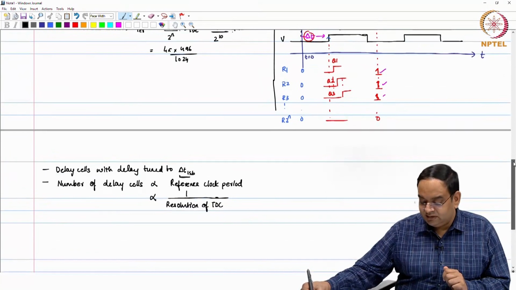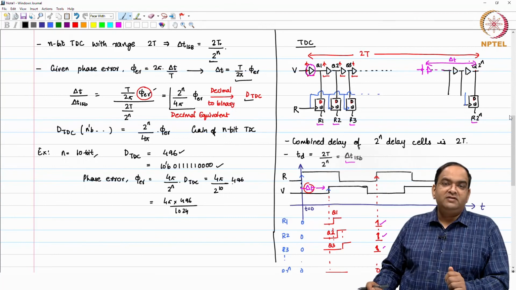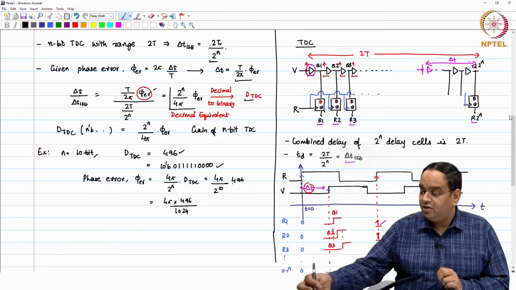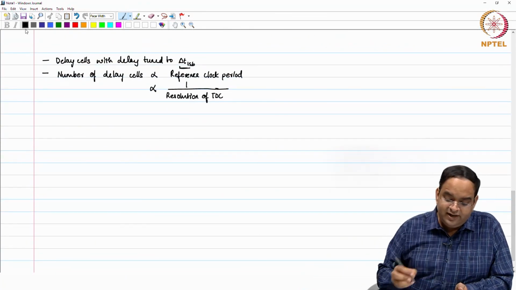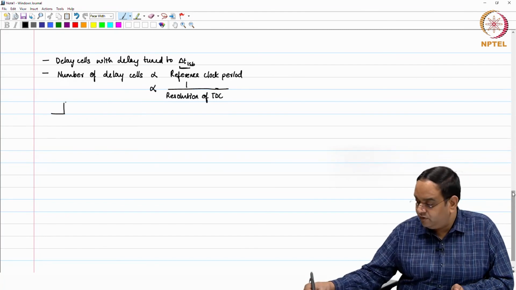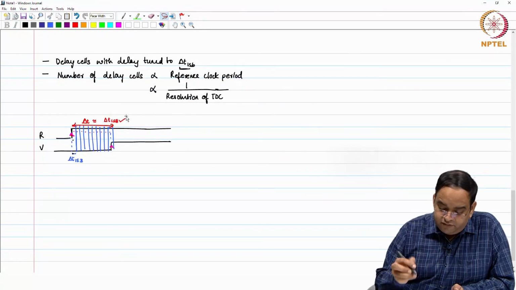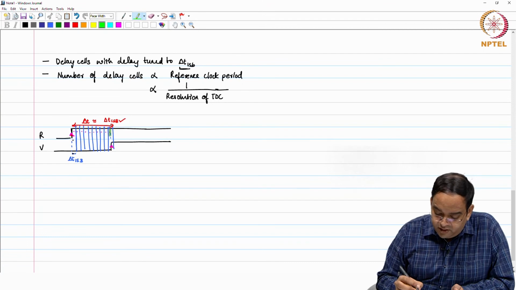Now, you may ask that whenever you are designing any such thing, a larger number of delay cells will take more area. Okay. So, why would we like to have that? Well, the answer lies in how you are quantizing the phase error. You had this phase error if you go back. Okay. So, here if you look at it, the region where your rising edge lies is this.